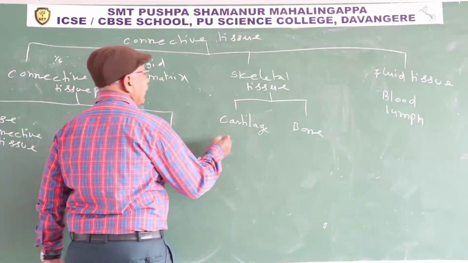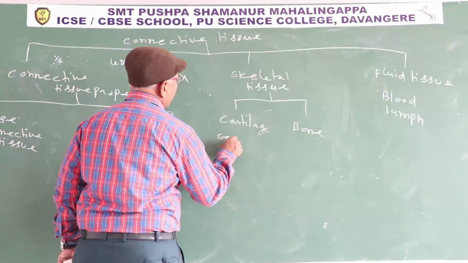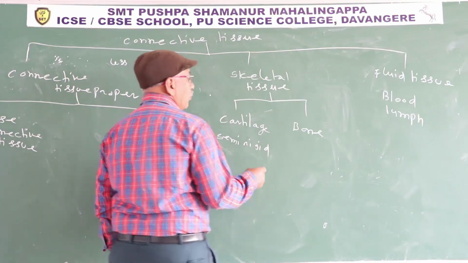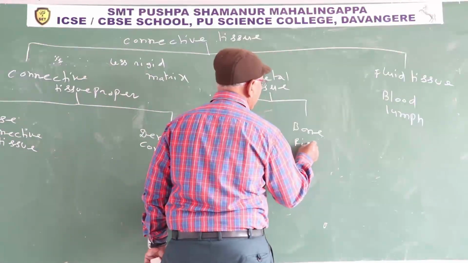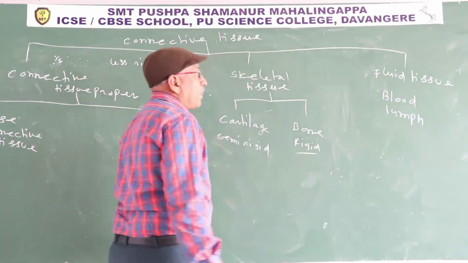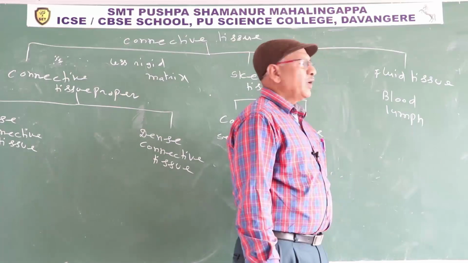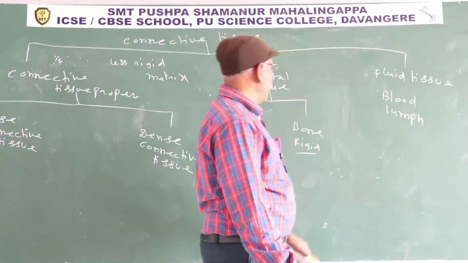Cartilage has a semi-rigid matrix, partially rigid. Bone has a rigid, hard matrix. Fluid tissue: if liquid acts as a matrix, it is known as fluid tissue. Example, blood and lymph.